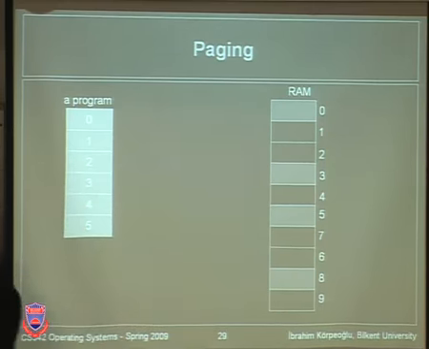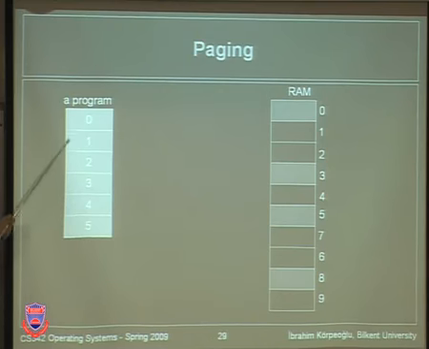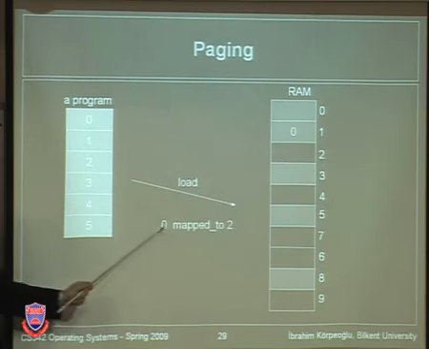So when that program is to be loaded into memory, you search, and you load the pages that contain variables or instructions. For example, page 0 can be loaded into frame 1, frame 2, whatever you want. Frame 1 is empty, so page 0 can be loaded there. And you mark that mapping.